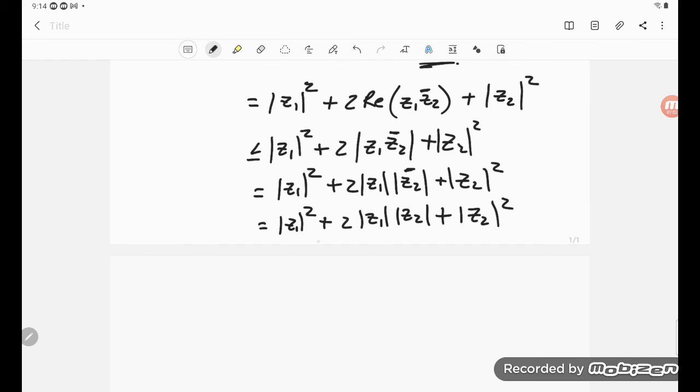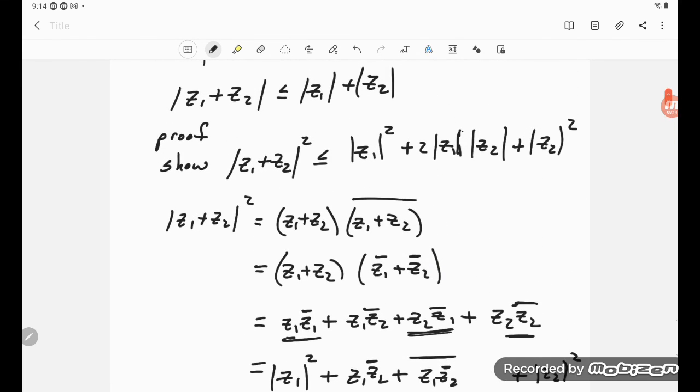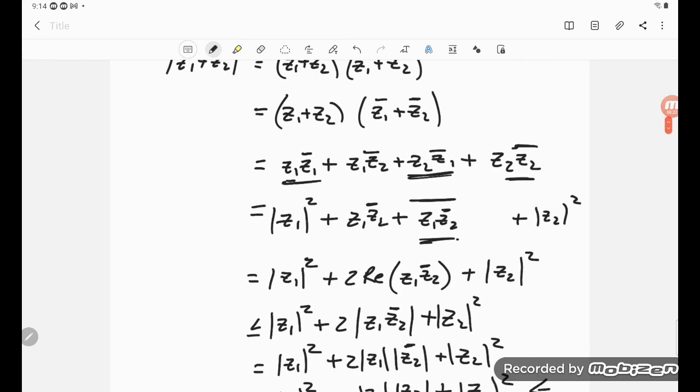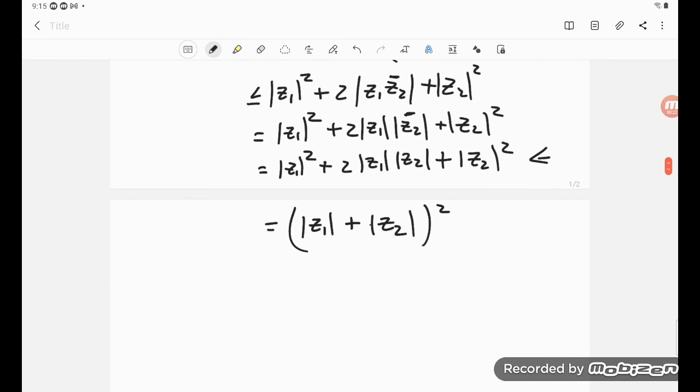So we get that, and now that's a perfect square of the absolute value of Z1 plus the absolute value of Z2, squared. So this was what we were trying to get to, so that we could have that perfect square, and we did.